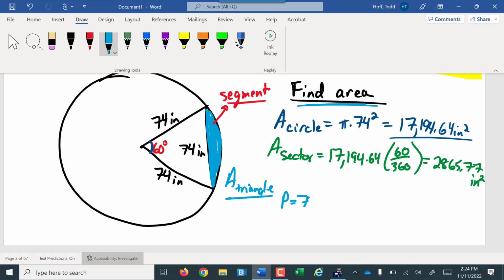So the perimeter is going to be just 74 times 3, or 222, right? So the semi-perimeter, 222 over 2, which is 111 inches.